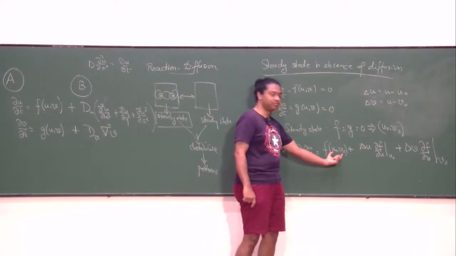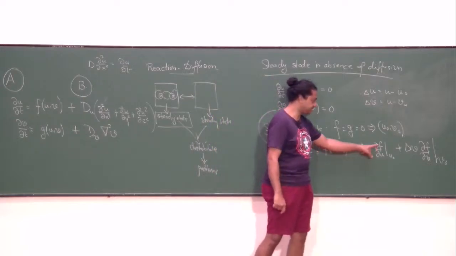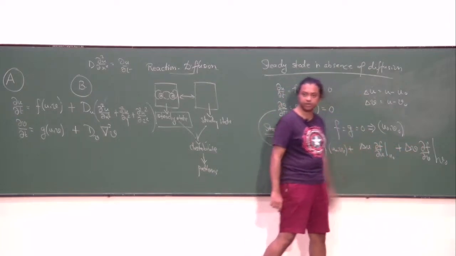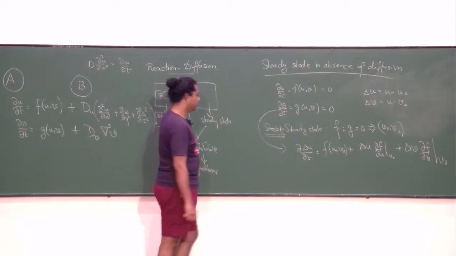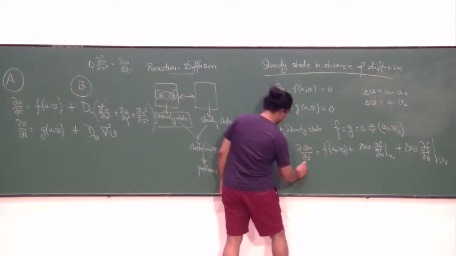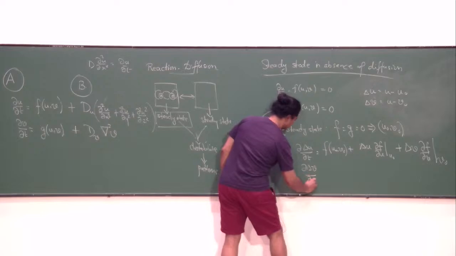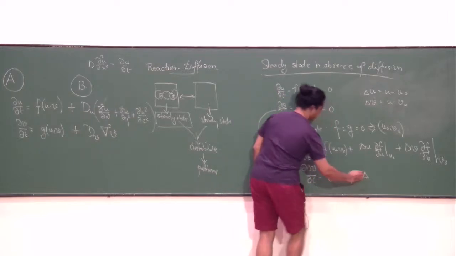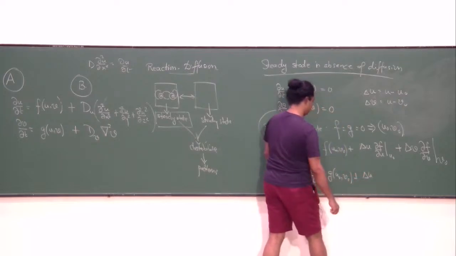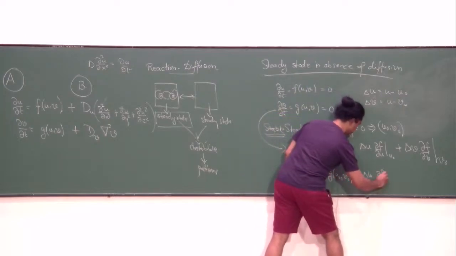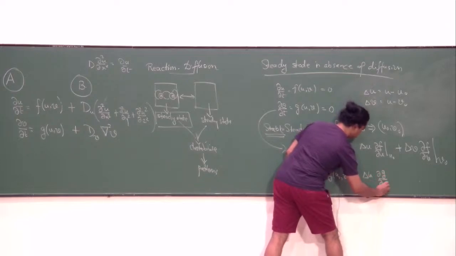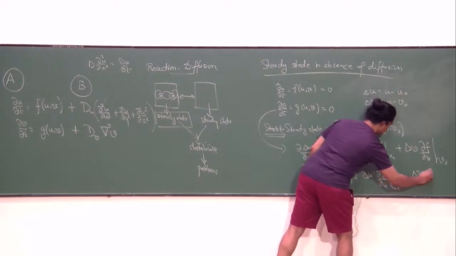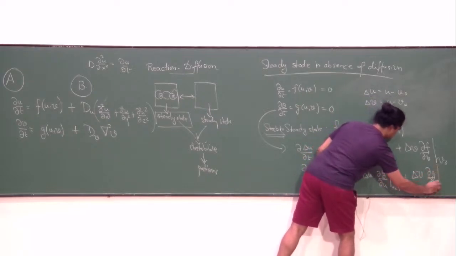Whatever it is at the point that I'm expanding around, plus the change in U times how this function changes with respect to U, plus the change in V times how the function changes with respect to V. And similarly, delta V delta T is equal to G of U naught V naught plus delta U del G del U at U naught V naught plus delta V del G del V at V naught.